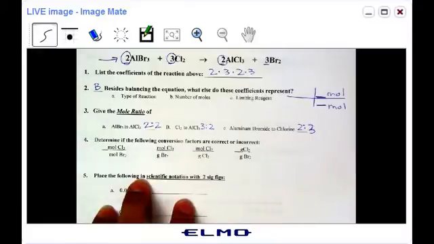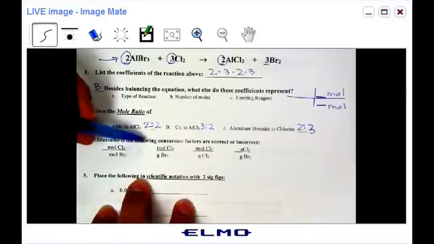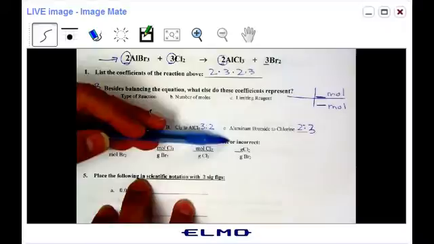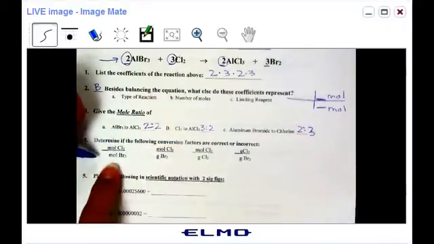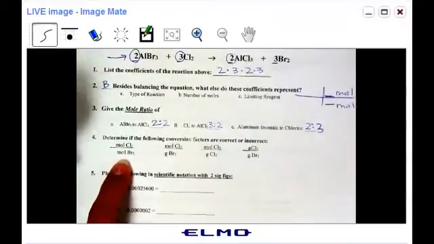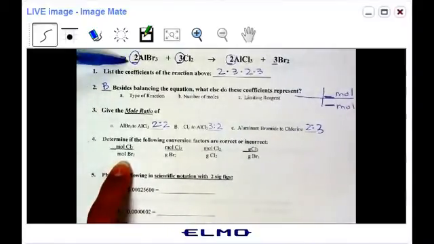Number 4. Determine if the following conversion factors are correct or incorrect. We'll start with the first one, and we do need to refer back to the original equation at the top.